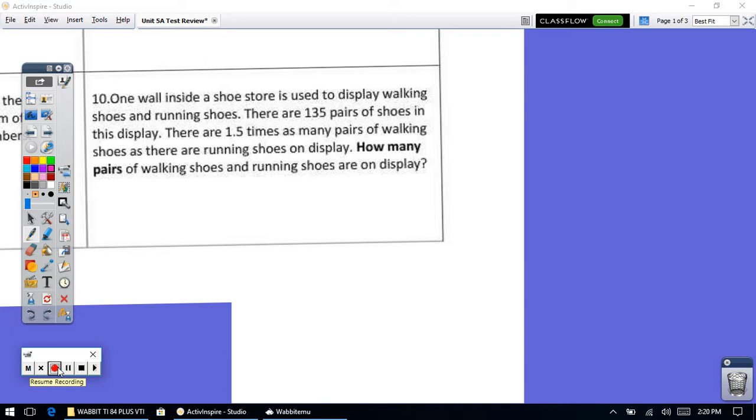10. One wall inside a shoe store is used to display walking shoes and running shoes. So here we go, walking and running. There are 135 pairs of shoes in the display. So what that means is that the total number of walking shoes and running shoes together is equal to 135.